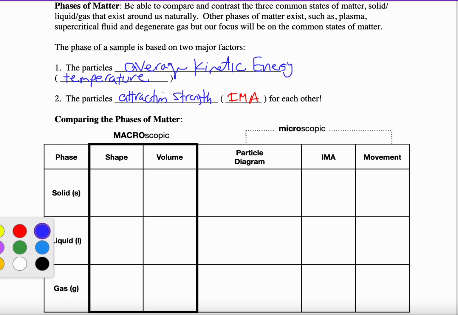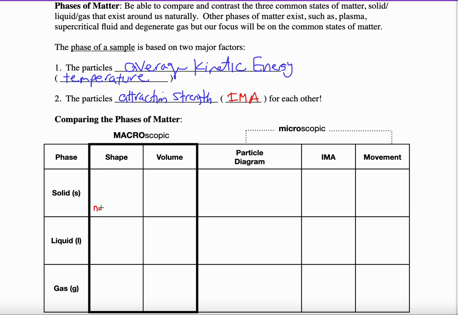So taking a look at matter at the macroscopic level, this would be the first way that you learned how to classify matter as a solid, liquid, or gas. What happens to each phase as you move it from one container to another container? So a solid, when you grab a solid object and you transfer it from one container to the next container, its shape does not change.